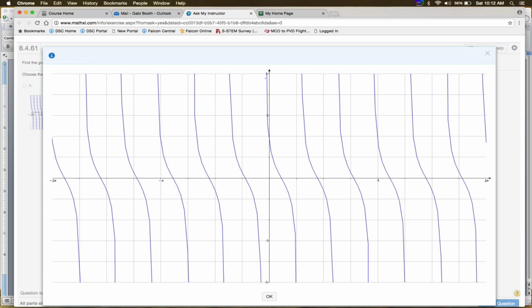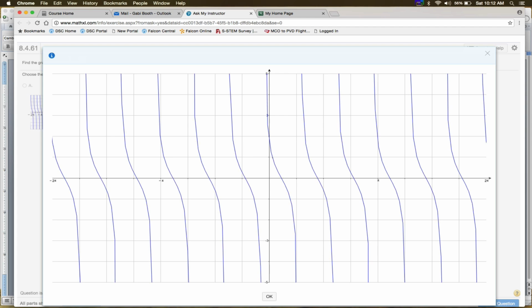Here I can't draw on this, but if I were to draw an invisible vertical line, a left asymptote, that's about negative pi over 18. So I look at my left asymptotes and I look at my right asymptotes.